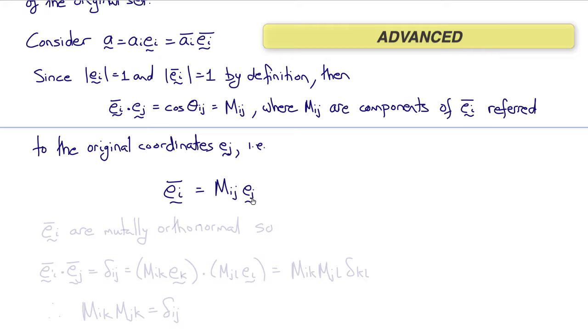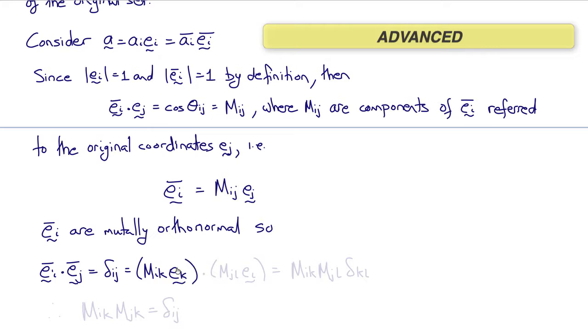Now, e_i bar are also mutually orthonormal, meaning they're also orthogonal and have unit length, just like the original unit vectors. So therefore, e_i bar dotted with e_j bar must equal delta_ij, the Kronecker delta, just as it was for e_i and e_j.